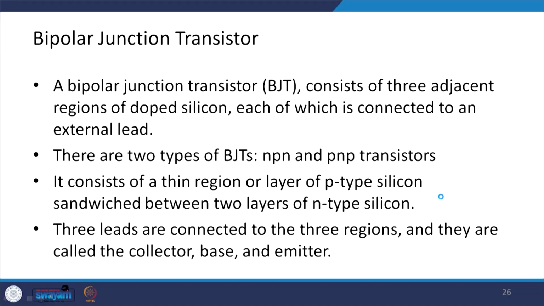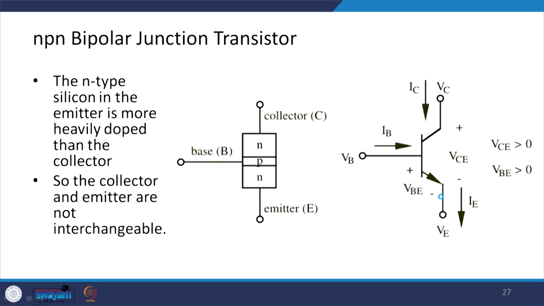There are two types of BJTs, that is either NPN or PNP. It consists of a thin region or layer of p type silicon sandwiched between the two layers of n type silicon. And three leads are connected to the three regions, and they are called collector, base and emitter.